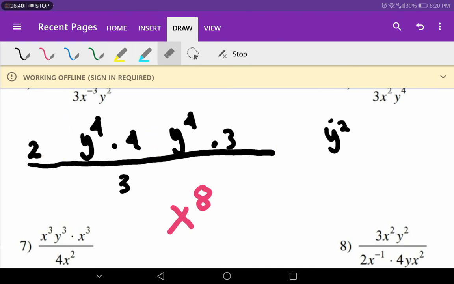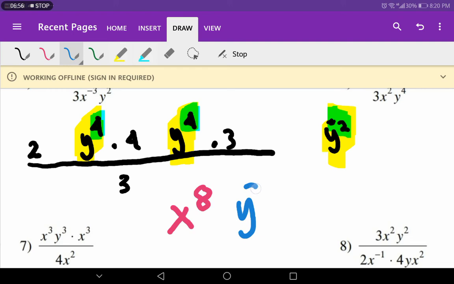Now the y's. This with this with this, and remember this is negative. Now 4 plus 4 is 8, negative 2 is 6. So y with power 6.